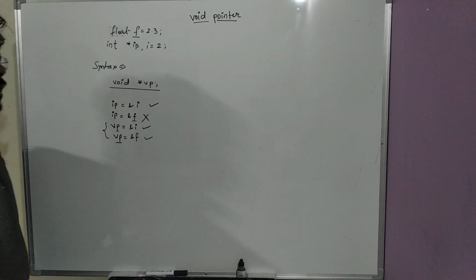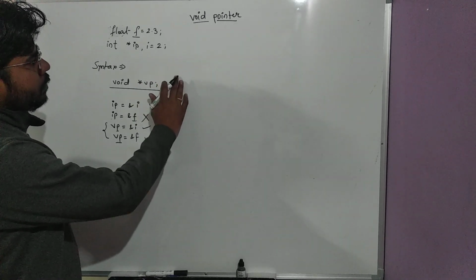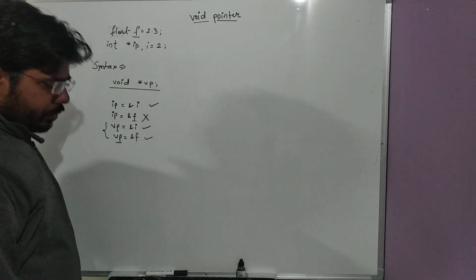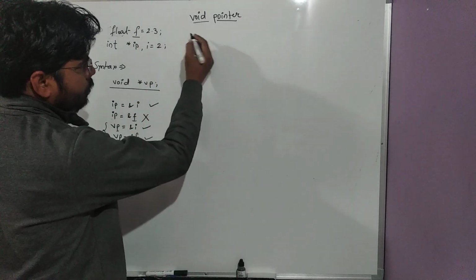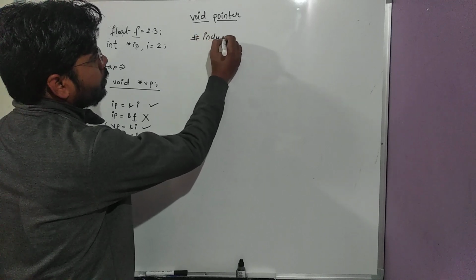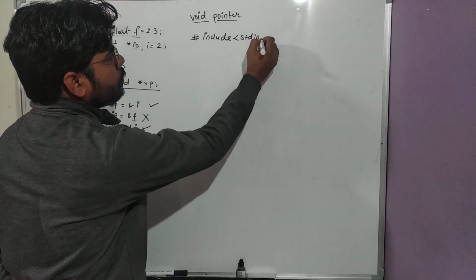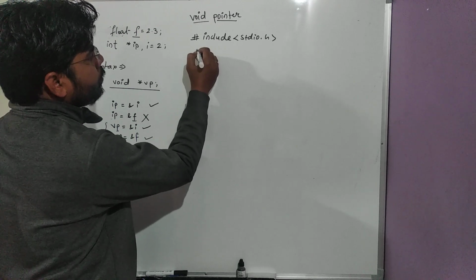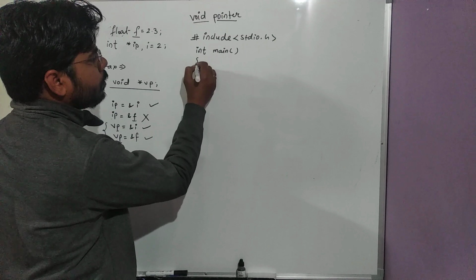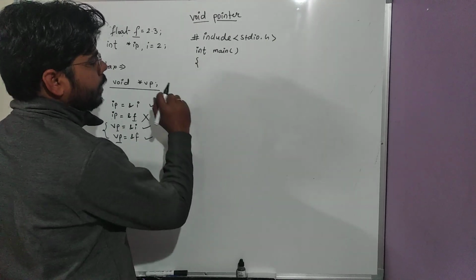Okay, so now let's take an example through which we can understand this void pointer more. Okay, this is the header file, include stdio.h, int main. Okay, we are creating three types of variables.